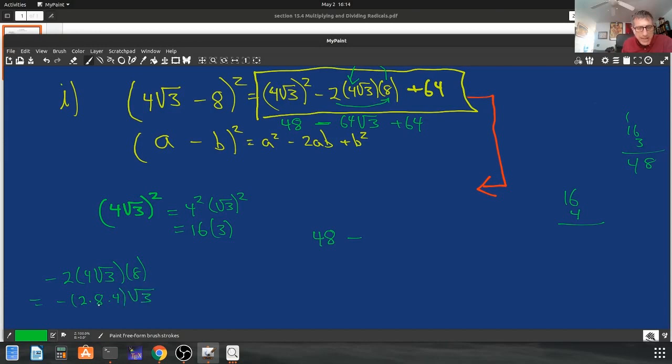And 2 times 8 is 16, and 16 times 4 we said was 64 on the square root of 3. And then I had plus 64. So these two terms are like terms. They're both natural numbers. So 48 plus 64 is 112. So I have 112 minus 64 on the square root of 3 as my final answer.